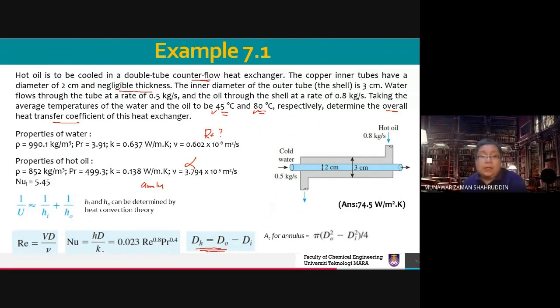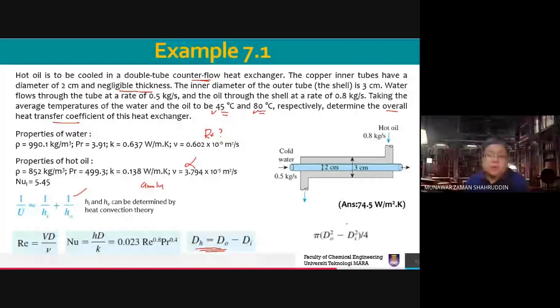K is being given. K is 0.637. This one K is 0.138. So D pun sama 2 dengan 3. So you get straight away lah H. So the answer will be, then dapat H tu, just gunakan this equation lah.